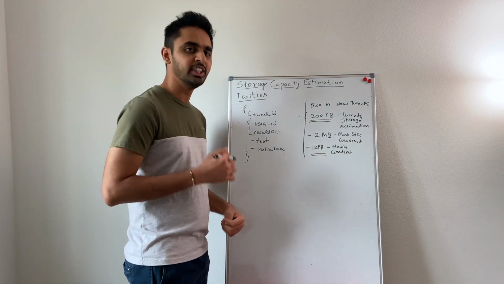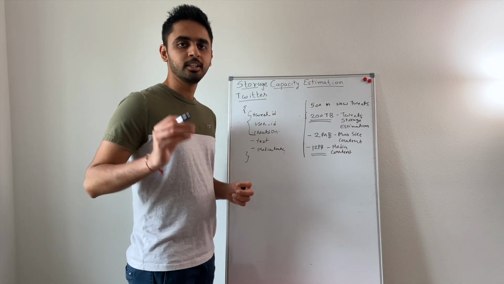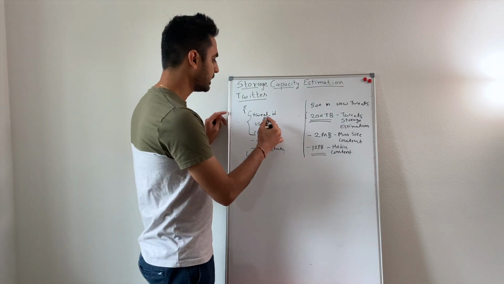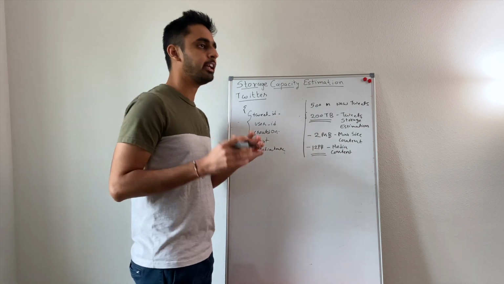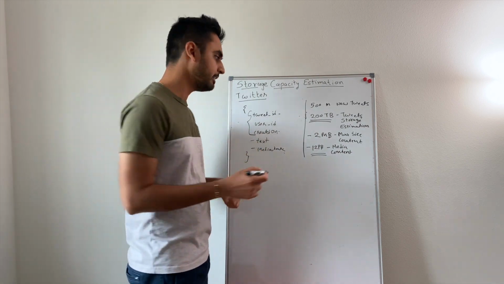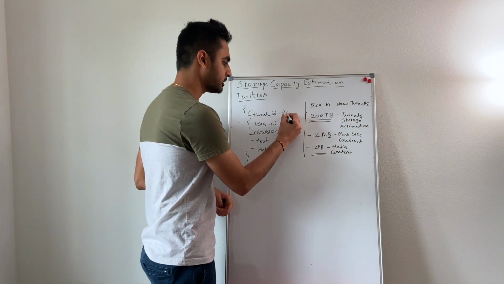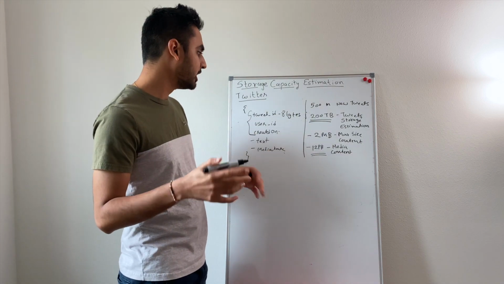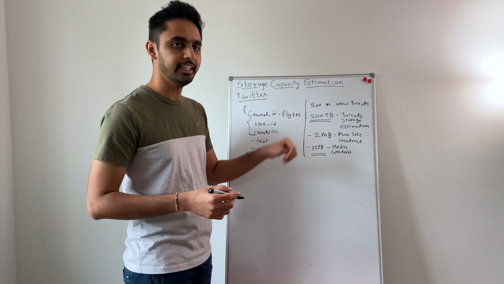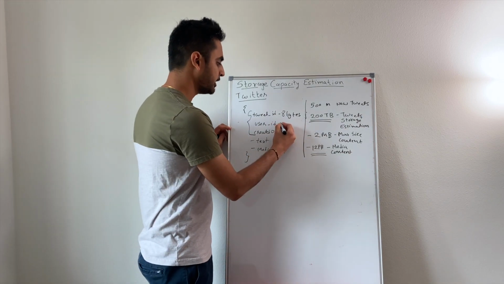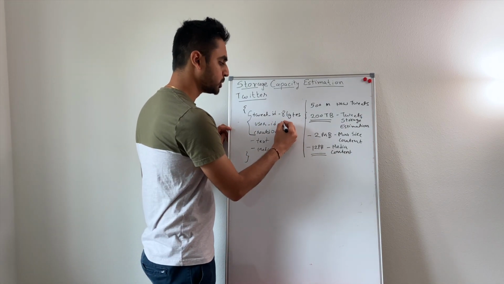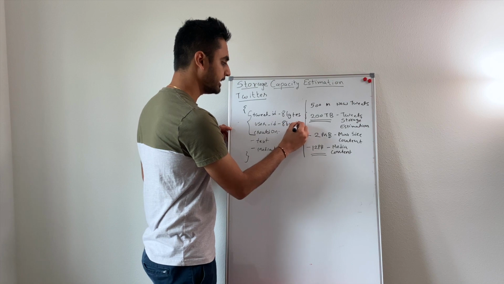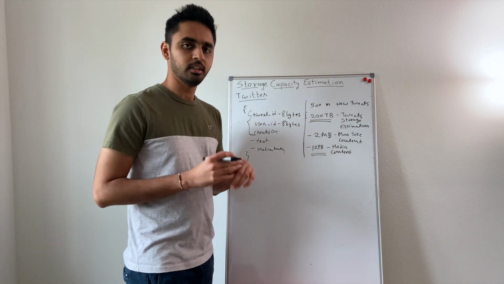Again, same way, we just need to go from the very basics and increase the numbers. So for tweet ID, usually any kind of ID or primary key has 8 bytes. It is like a long number, so you can use an 8 byte number. Then user ID also usually has 8 bytes, so I'm keeping user ID as 8 bytes for now.